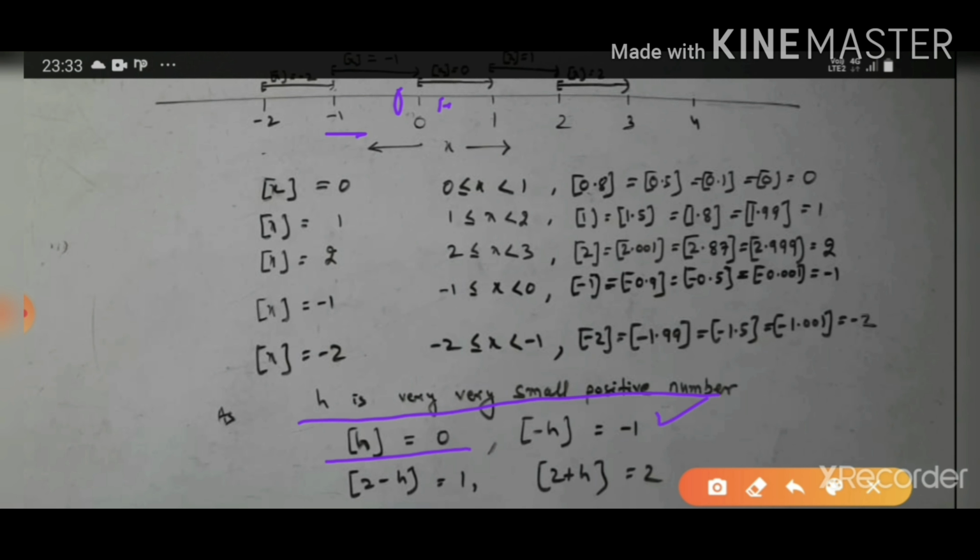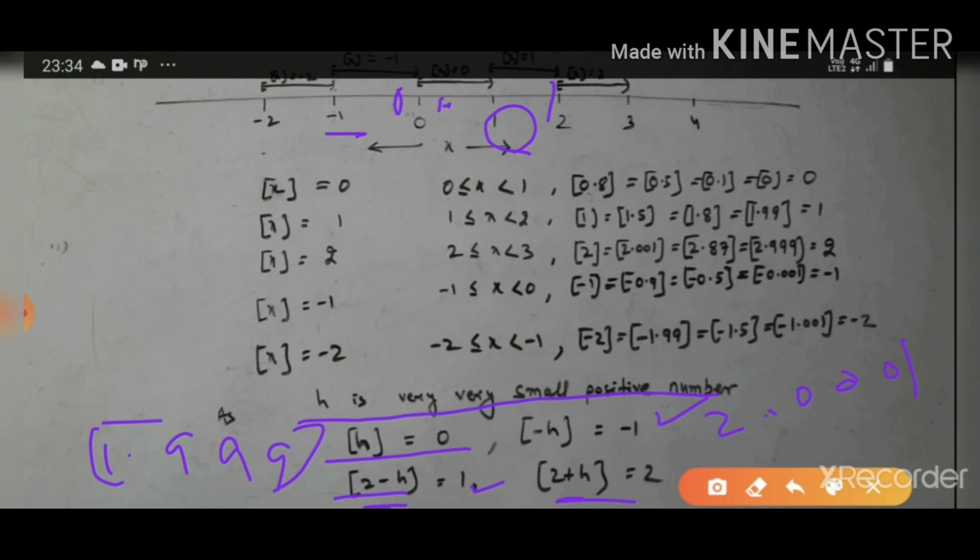Now 2 minus h. 2 minus h means 2 less a very small number. That number will be nearly 1.999. Then its greatest integer value will be 1. So 2 minus h lies on this side. The greatest integer of that is 1. Similarly, 2 plus h means 2.0001, a very small number greater than 2.